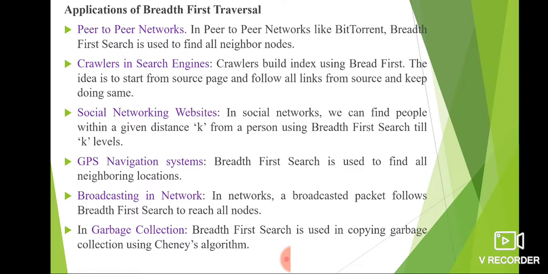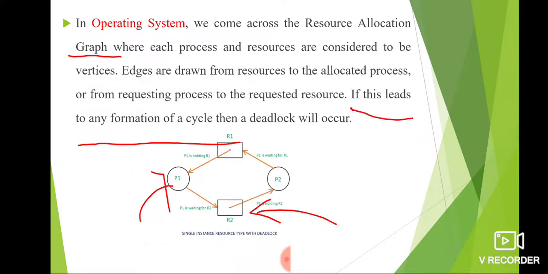Crawlers in search engines build the index using breadth first search. The main idea is to start from the source page and, with the help of the links, navigate from the source to any particular page. Then social networking websites, navigation systems, broadcasting in networks, and garbage collection are all examples of breadth first search traversal.